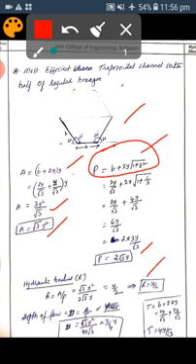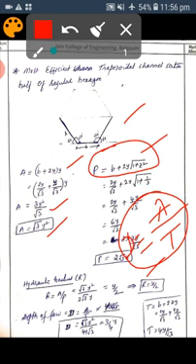Then depth of flow, D equal to A by T, area of flow divided by top width. Substituting the values of A and T, we will be getting this one and this one. So these are the conditions for the most economical trapezoidal channel section.